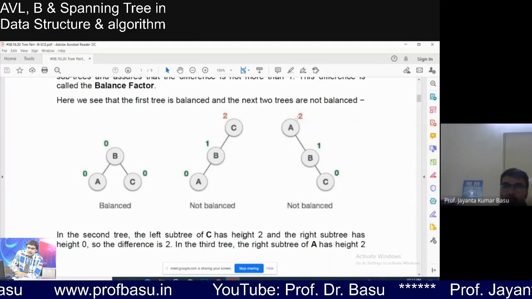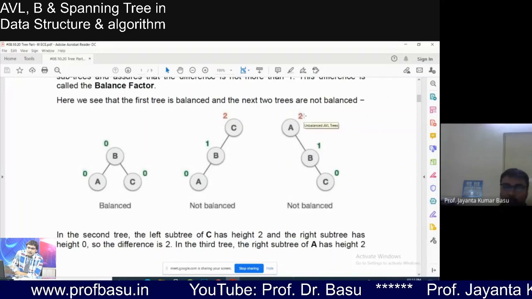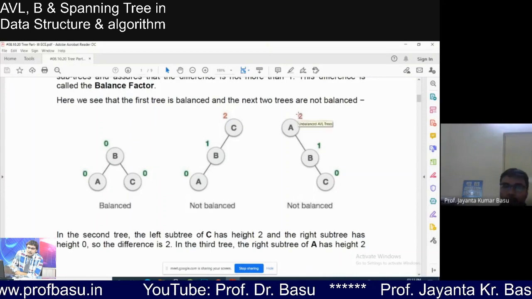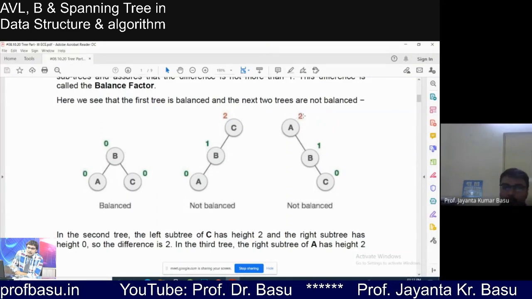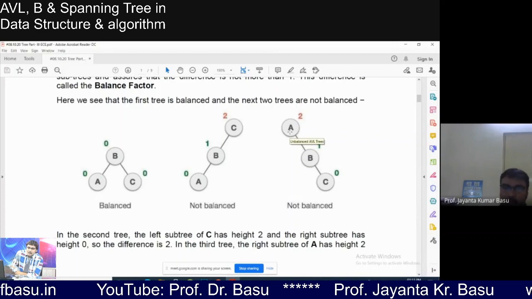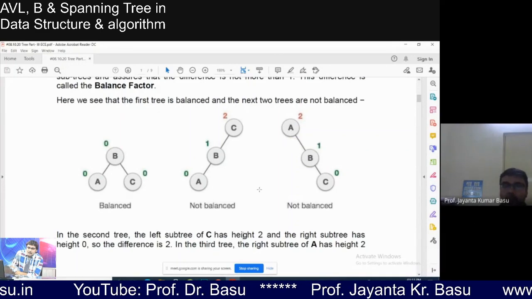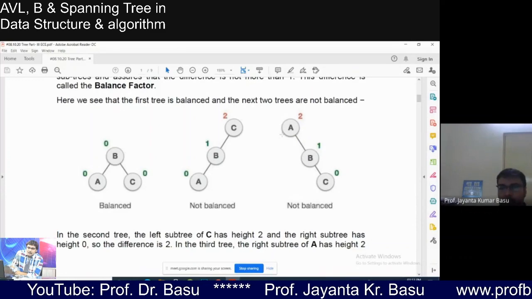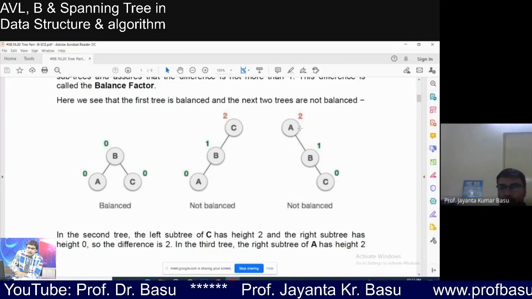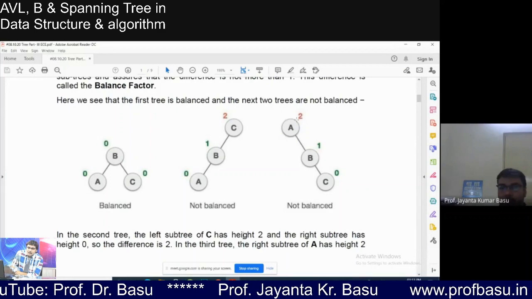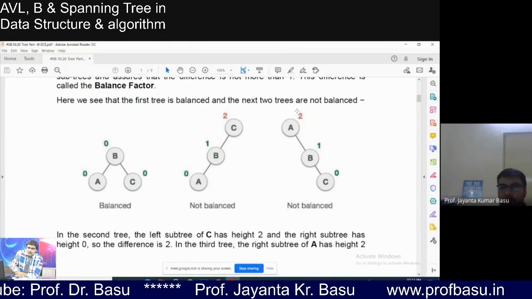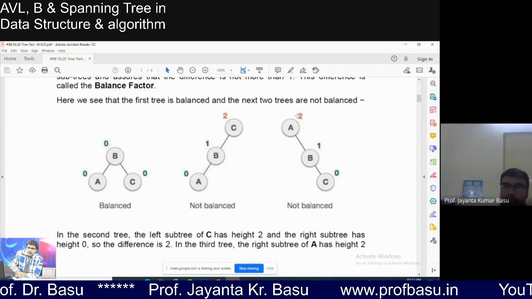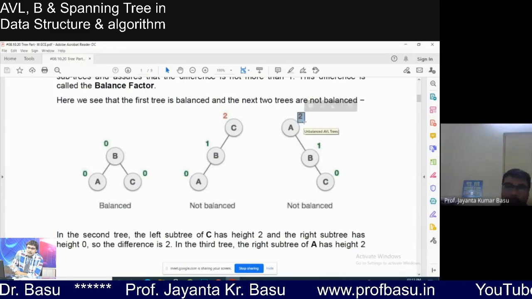I am just talking about the value, the modulus. According to the rule, it should be height of the left subtree minus height of the right subtree, so for this A it should be minus 2. But for this discussion, I am discarding the sign and talking only about the numerical difference. Okay.